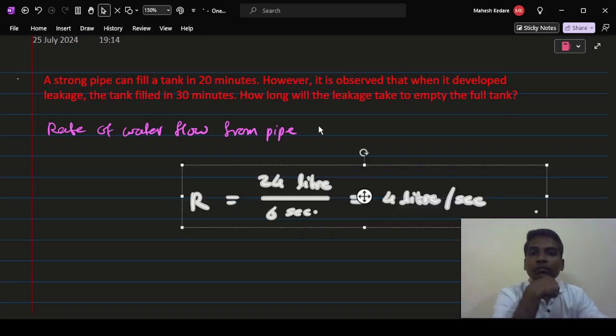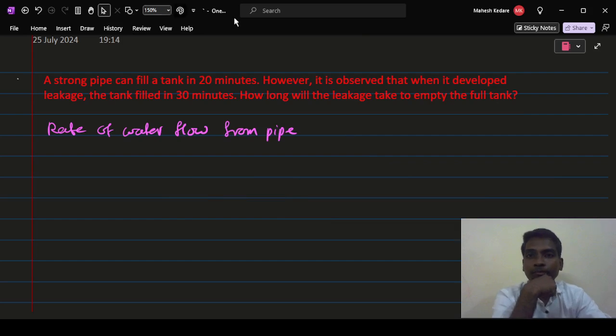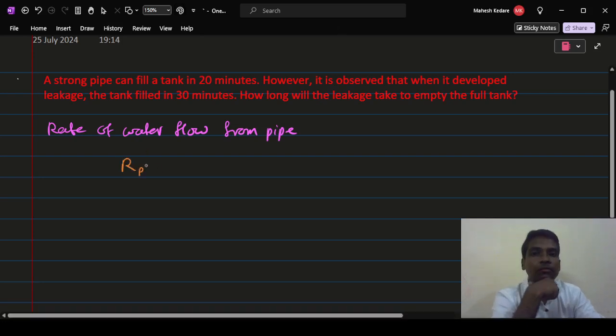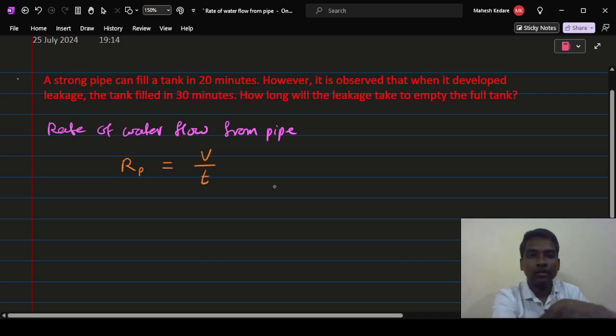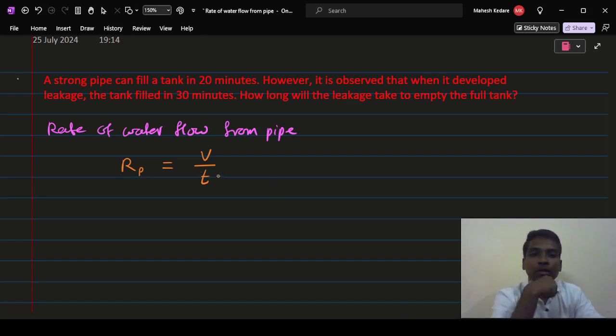For water flow from the pipe, we denote the rate by Rp, P standing for pipe, the rate of water flow from the pipe. It is equal to the volume of water that flows out of the pipe, V, divided by the time it takes, as we saw in the example of 24 liters of water: V divided by time.